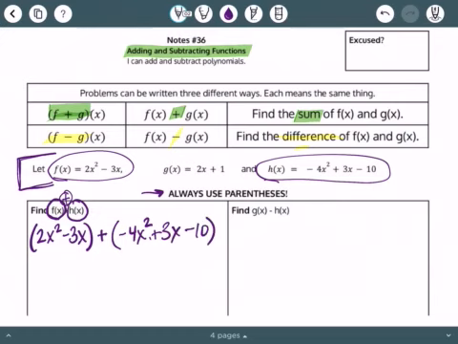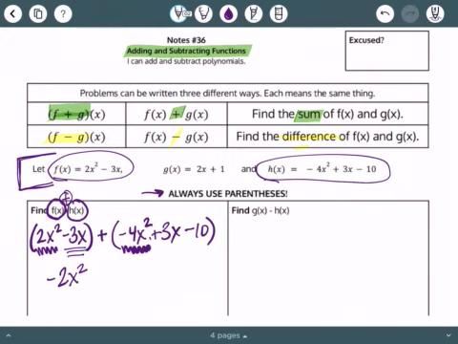Right? From here, I know that I'm going to be adding, so I'm going to look for like terms. So I see this is an x squared and this is an x squared. So I have 2 plus a negative 4x squared would be negative 2x squared. That's like 2 minus 4x squared.